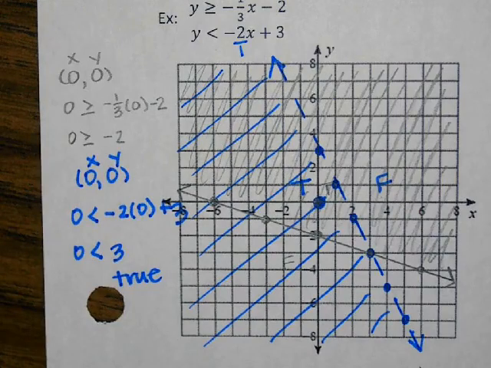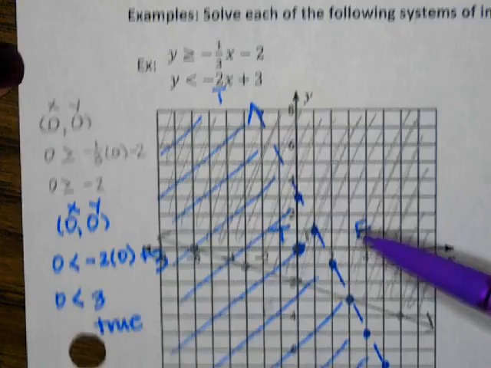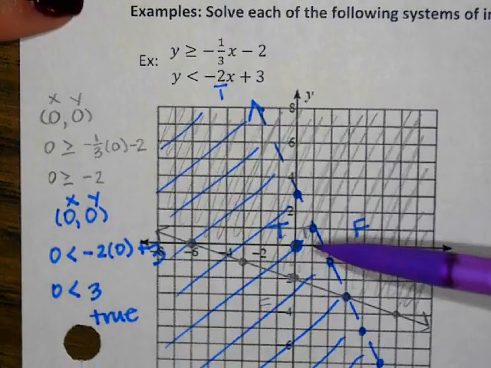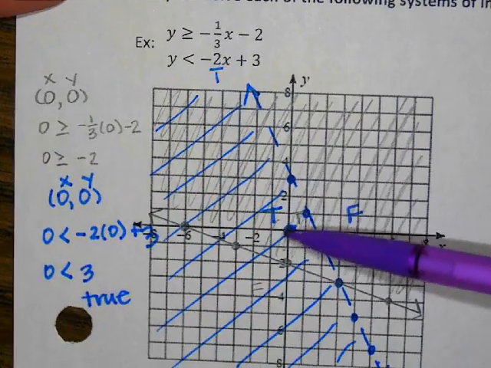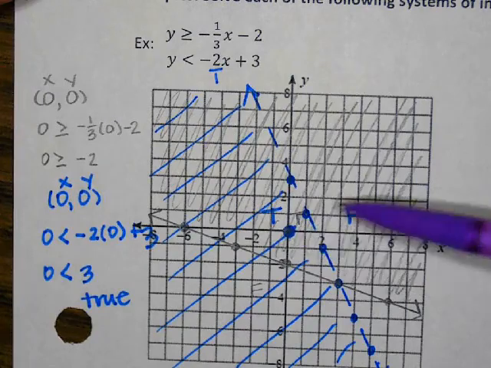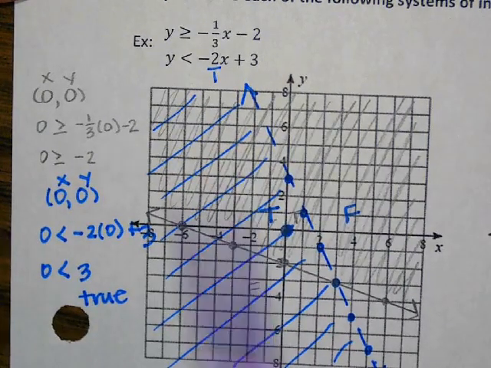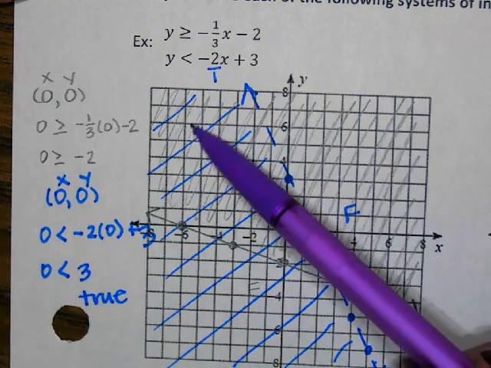That 1 point is the answer. When you have inequalities, they don't just cross at 1 point and have that 1 point be the answer. They have two places where the shading crosses. So we've got the pencil shading and we've got the marker shading, and that crosses for a whole area.